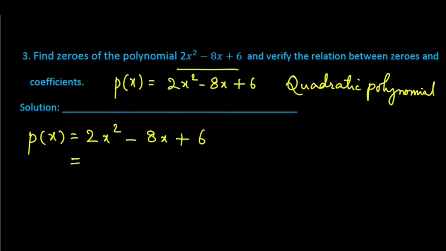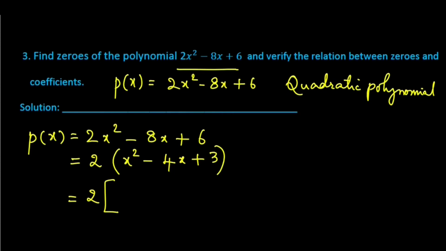So we can take out 2 as a common factor. 2 into x square minus 4x plus 3. Now we have to factorize only this one, x square minus 4x plus 3, so 2 into this one only.